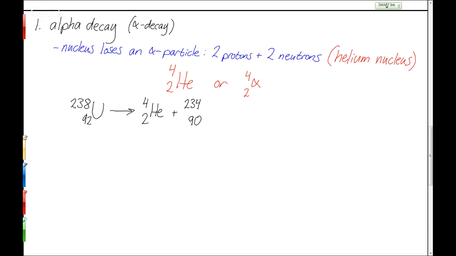And now we look up on the periodic table to figure out what that new element is, and it is thorium, Th, number 90. And that's it. That's the alpha decay reaction. So we can see here, 90 plus 2 is 92. 234 plus 4 is 238. That's all there is to it.